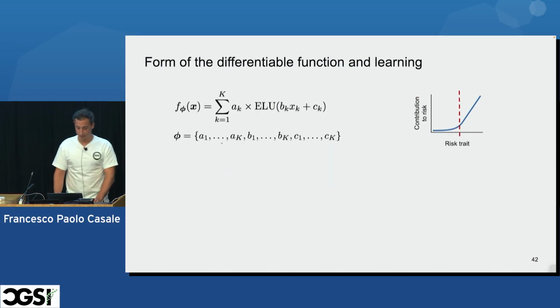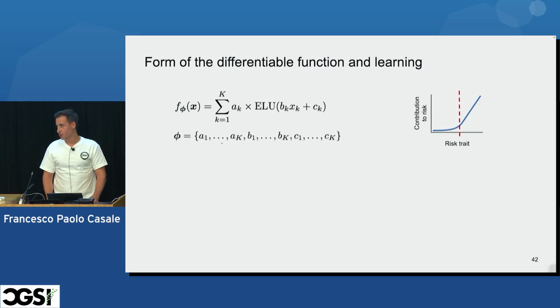As a differentiable function, we use a relatively simple function. We take a linear combination of transformations of single factors. We take specifically an ELU. And this is a nice function because it lets us model this phenomenon in risk predictions where a risk trait does not contribute to risk until a certain threshold is met, and then the contribution escalates.